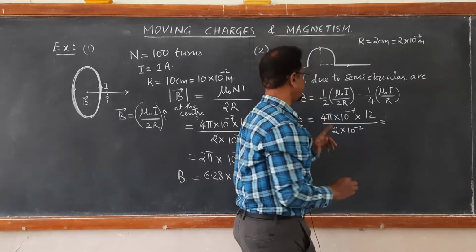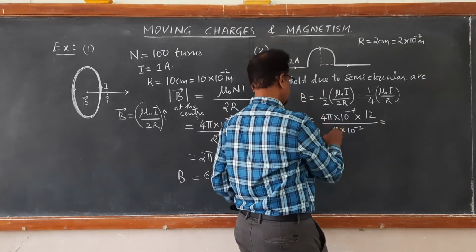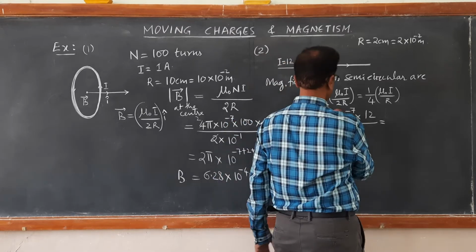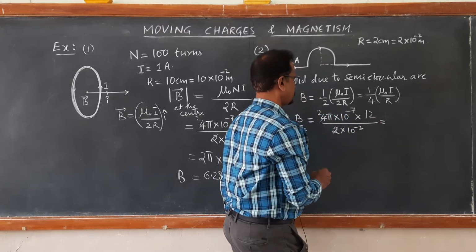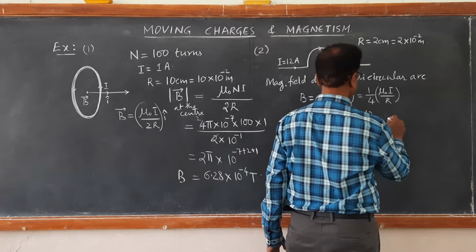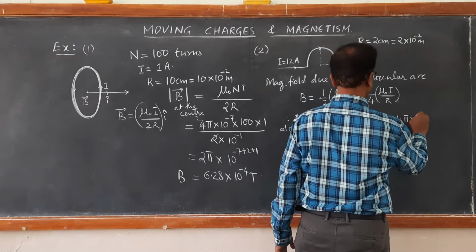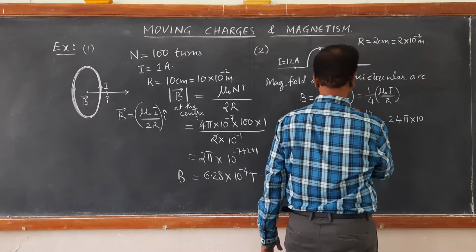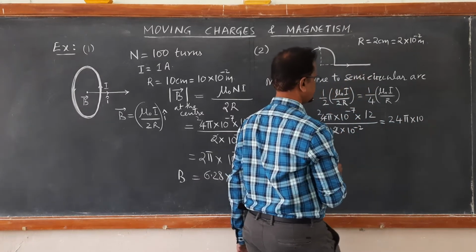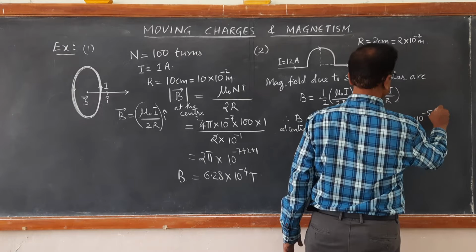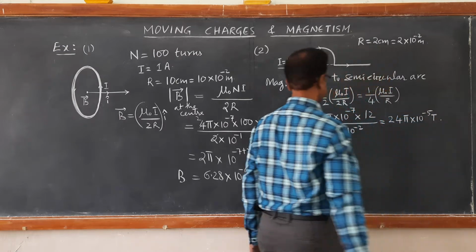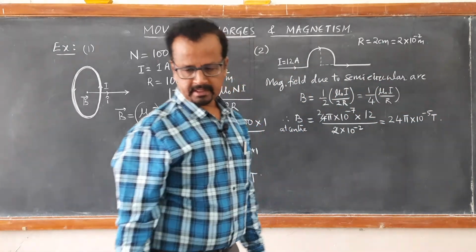So if you just simplify, 2 ones are 2, twos are, so you get 2 into 12, 24 pi into 10 to the power of minus 7 plus 2, it becomes minus 5 Tesla.